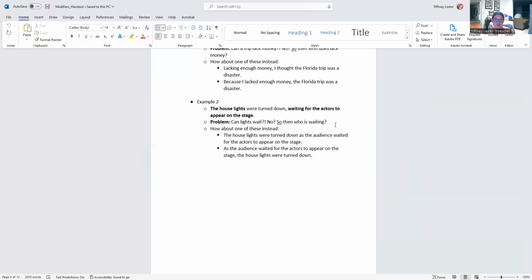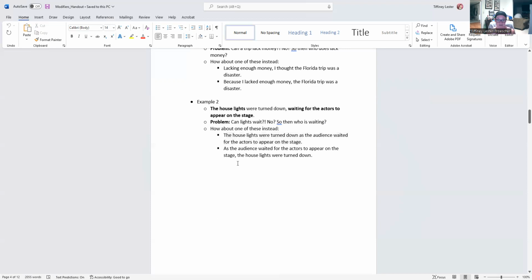The house lights were turned down as the audience waited for the actors to appear on the stage. Or as the audience waited for the actors to appear on the stage, the house lights were turned down. I like this first version better, much more straightforward and to the point.